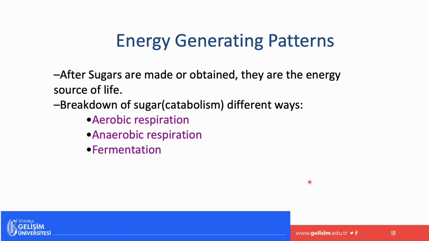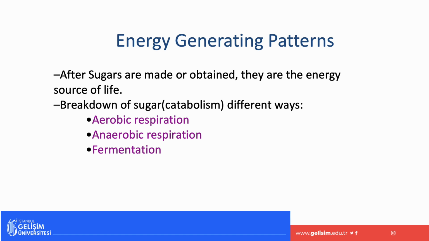Anaerobic respiration, on the other hand, is a metabolic pathway that involves the breakdown of organic molecules in the absence of oxygen to release energy. It's less efficient than the aerobic respiration that we mentioned, but still it's able to produce some ATP. Next, we move on to fermentation.